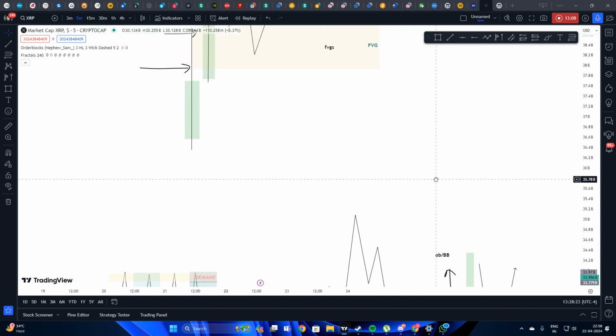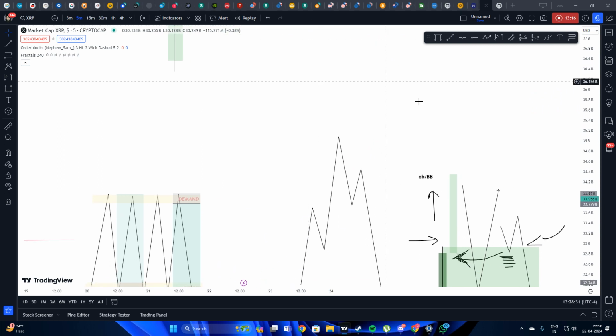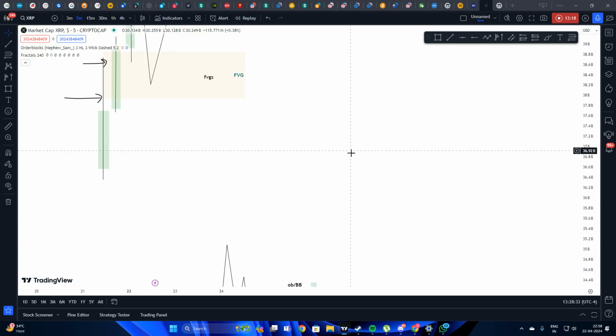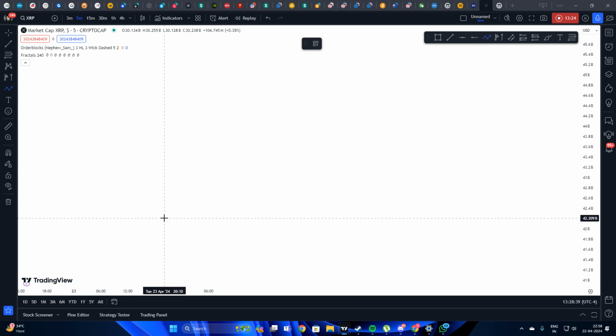Okay, but it may go down if the market has these FVGs below. Now to understand that even further, we will look at market structure in a deeper way.